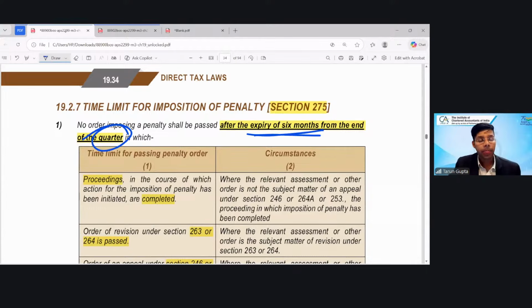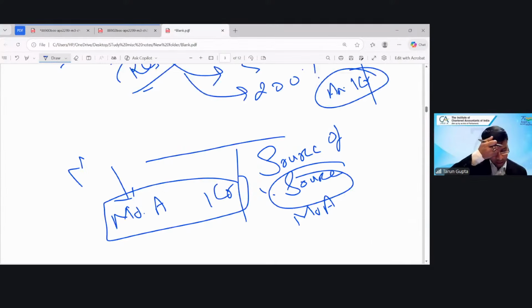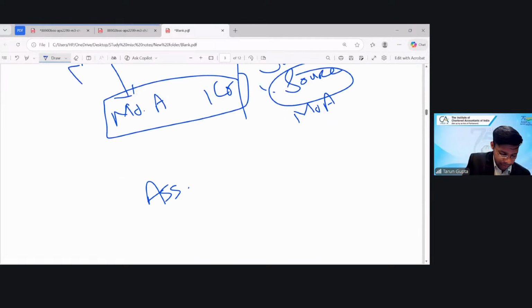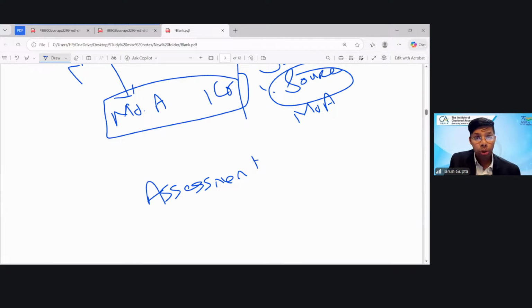If there was an assessment and the assessee did not appeal against the assessment order, then the 6 months has to be counted from the end of the quarter in which the assessment proceedings, in which the penalty proceedings were initiated, are completed.